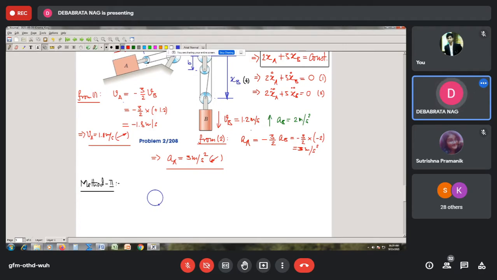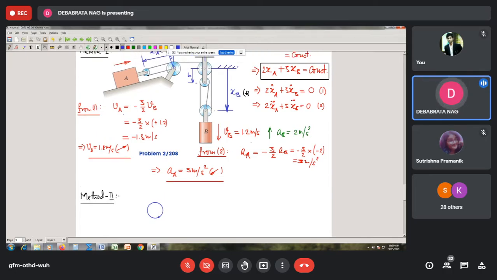So I take it as a trial: since this is going downward, I have a hunch that this block might go in the upward direction. So let us say this pulley is going to rotate in the clockwise sense.